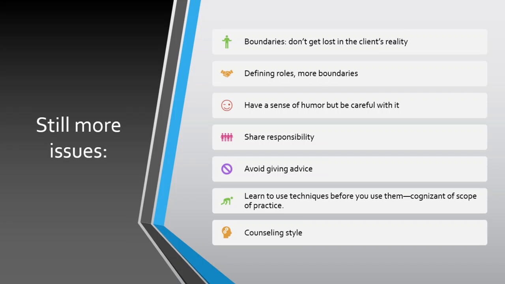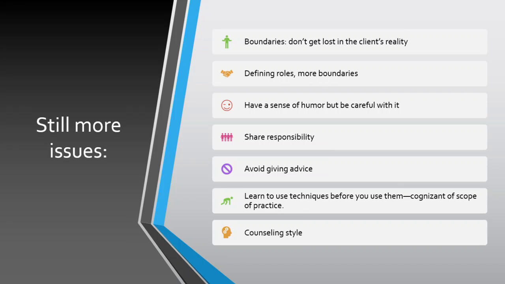Still more issues that we've got to deal with in our interactions with others. Boundaries. I want to set clear boundaries between me and the client. I don't want the client's reality to be mine. I don't want the last thing I'm thinking about when I'm going to bed at night to be how Joe Blow is doing with his program.